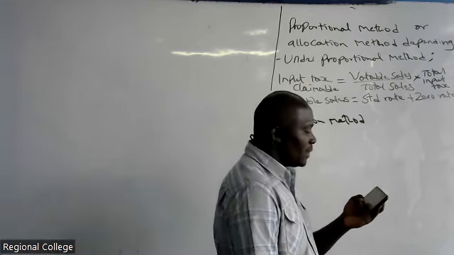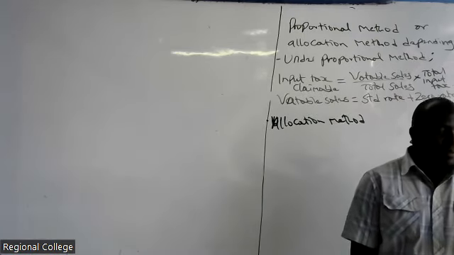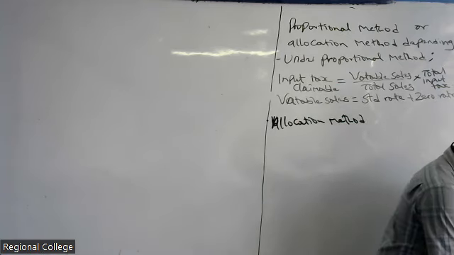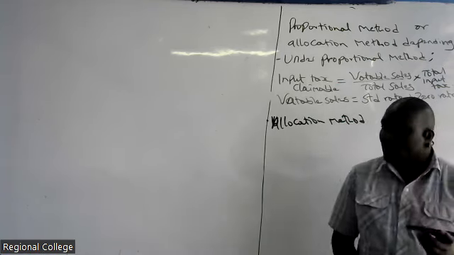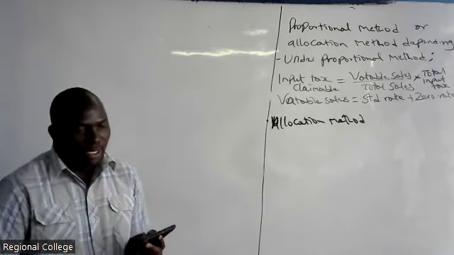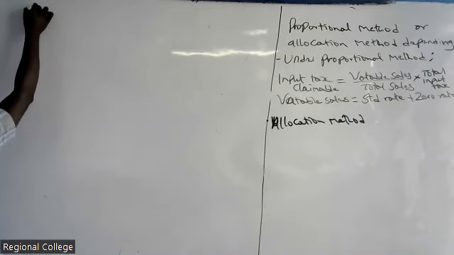Sasa, compute the following for Popote Limited for the year 2021: input tax claimable, output tax, and VAT payable or refundable. So we shall deal with all of them at the same time. Let's start with the output tax.